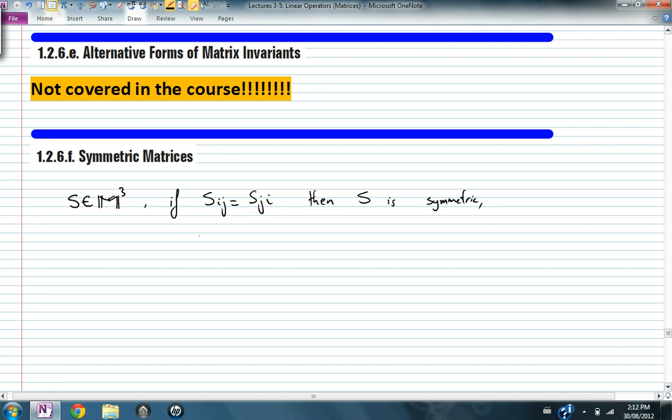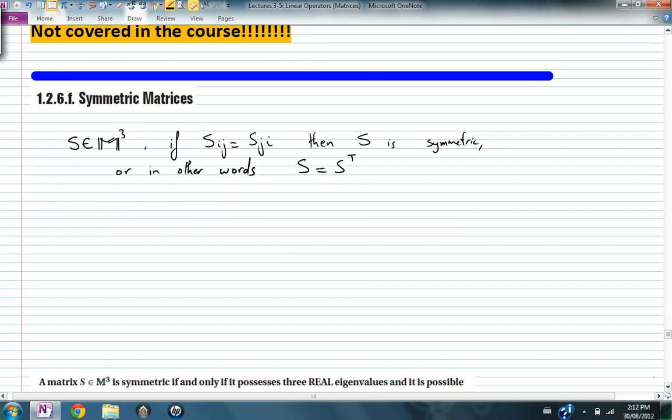Or in other words, S is equal to S transpose. So basically the matrix would look like this. Now this definition applies in fact for any n by n matrix.